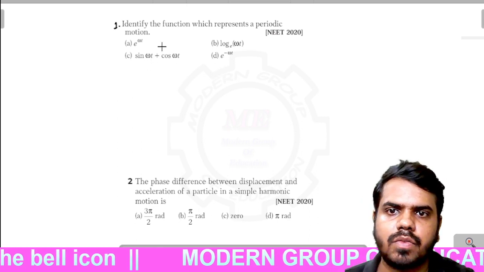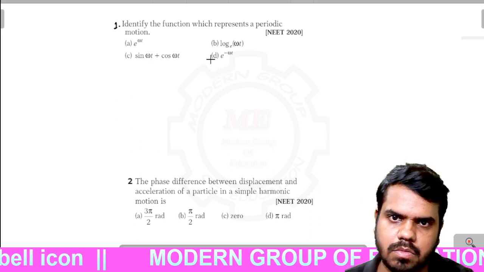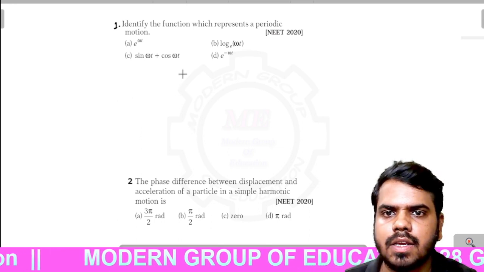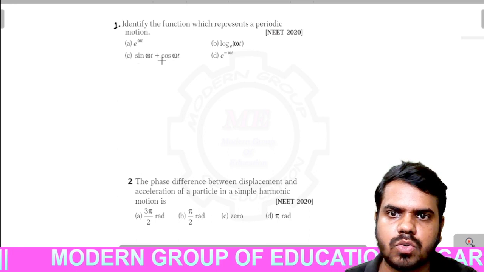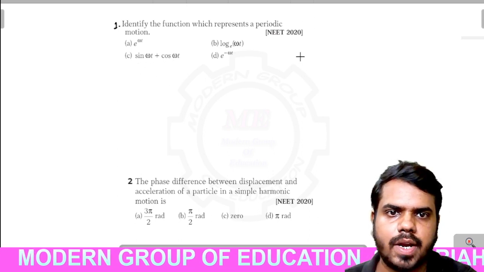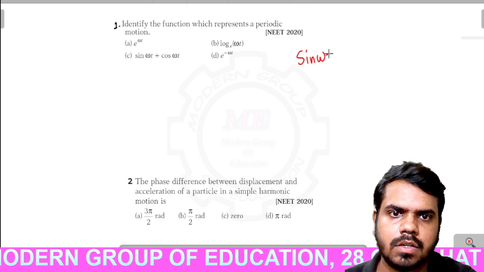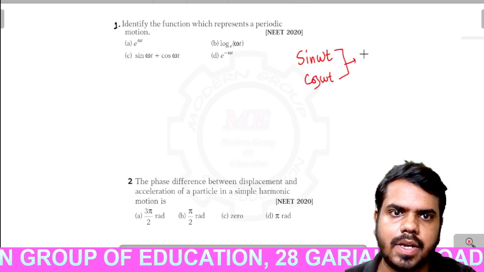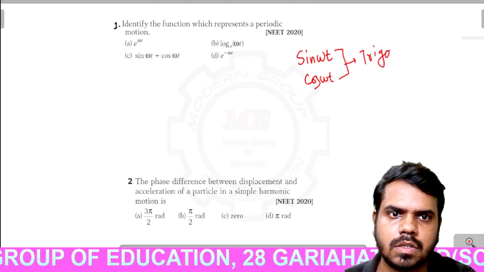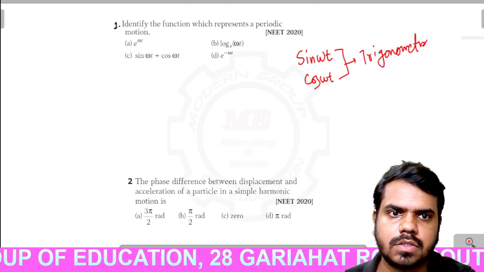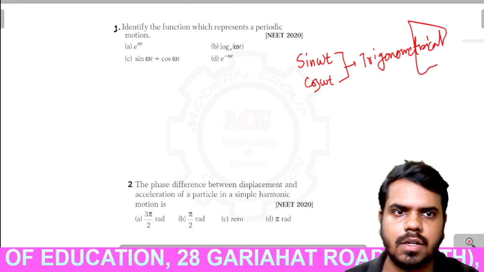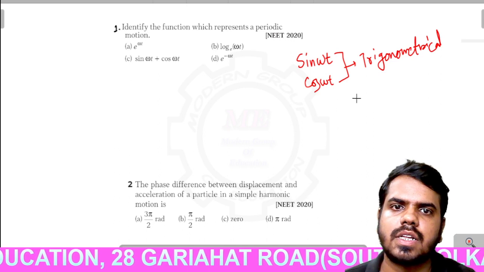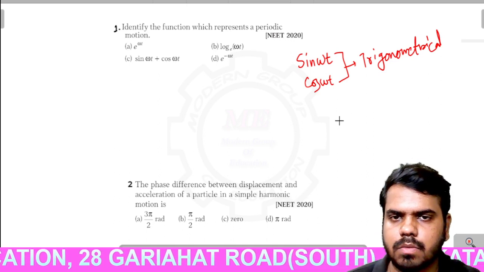If you look at the four options, it is very clear that only sin omega t and cos omega t are here. Sin omega t and cos omega t are trigonometrical functions, and they are periodic in nature.